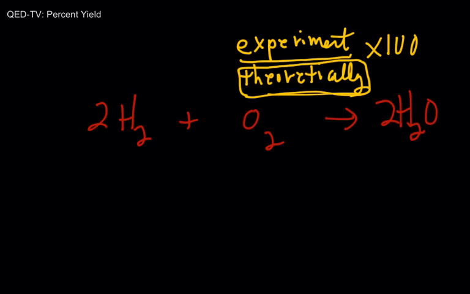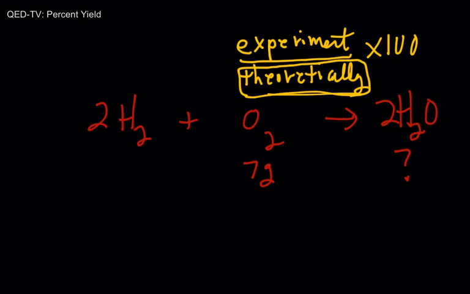Let's say we're going to use 7 grams of oxygen gas in our reaction. Don't worry about how much hydrogen gas; let's say we have an excess of hydrogen gas, so we've got plenty of that. So I want to react all 7 grams of oxygen. I want to see how much water I theoretically should be able to produce.